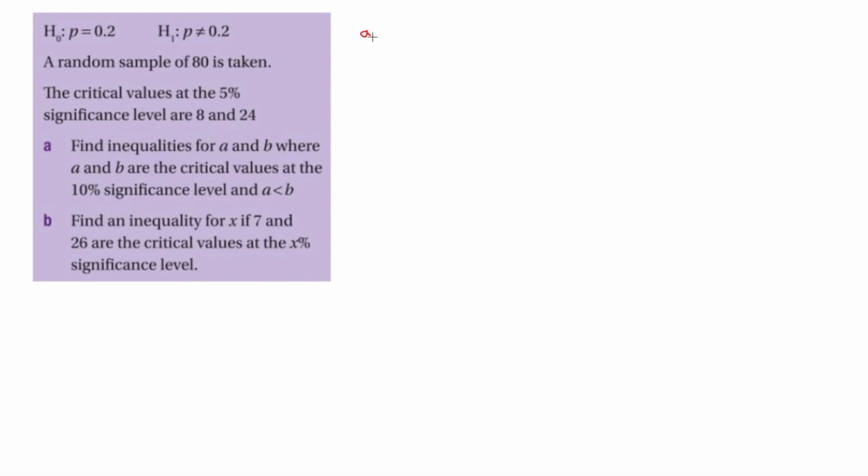So therefore, we know that A is going to be more than 8, and B is going to be less than 24. That is because it is therefore easier to reject H0.